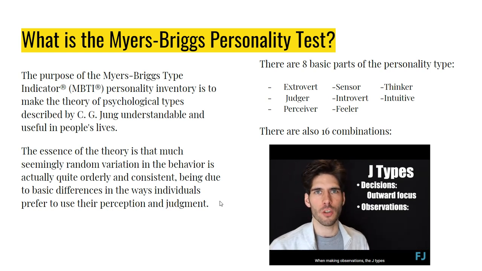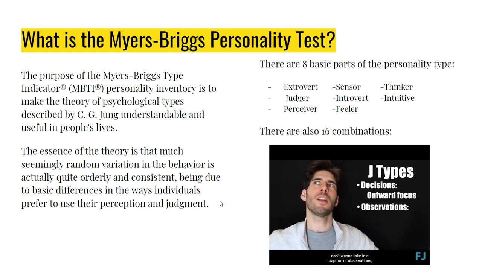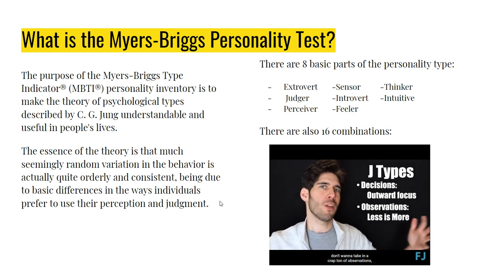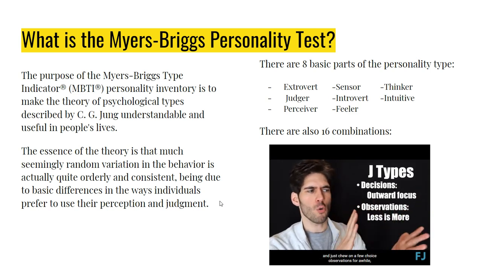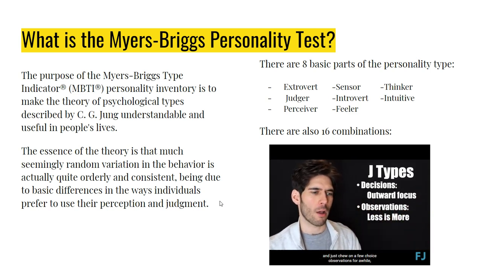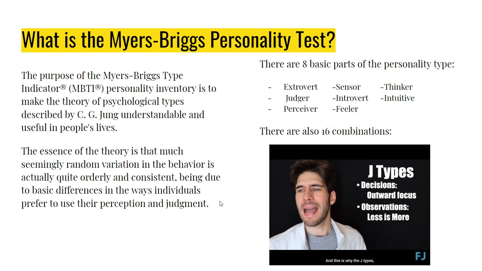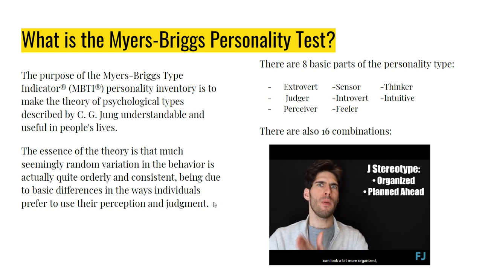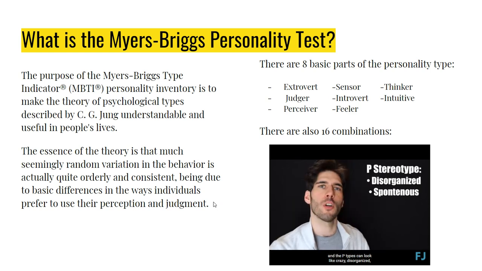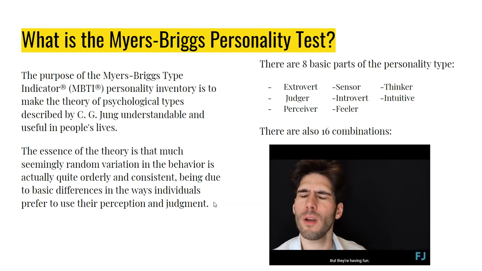When making observations, the J types don't want to take in a ton of observations like the P types. They want to limit it and just chew on a few choice observations for a while, organize them over and over. And this is why the J types generally, to the outside world, can look a bit more organized, and the P types can look crazy, disorganized. Their life is a mess, but they're having fun.